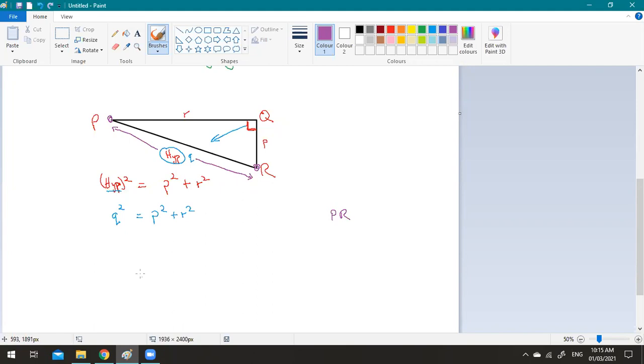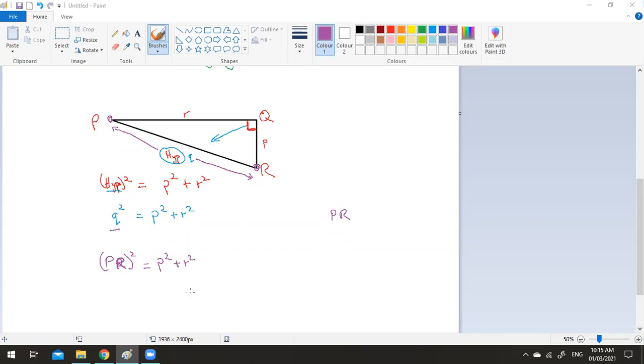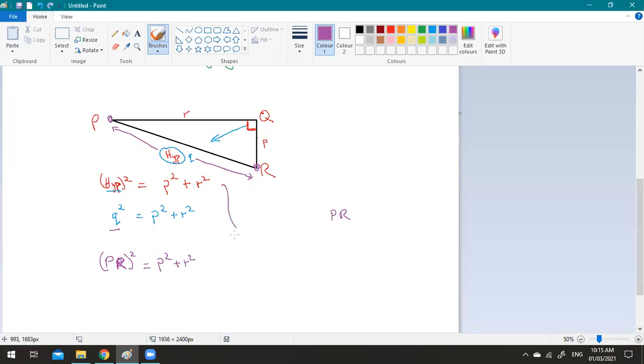So instead of writing Q or hypotenuse, we could say PR, the length of PR, squared is equal to P squared plus R squared. It's the same thing. So all these three equations are the same.